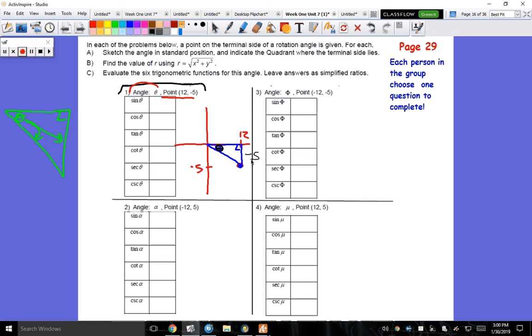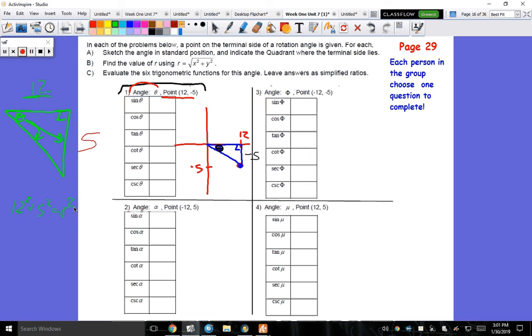So we know that if this is negative 5, if I were to look at it like geometry, that could be like saying this is 5 and this is what right here? 12. So if I do a squared plus b squared is equal to r squared, otherwise our hypotenuse, right?